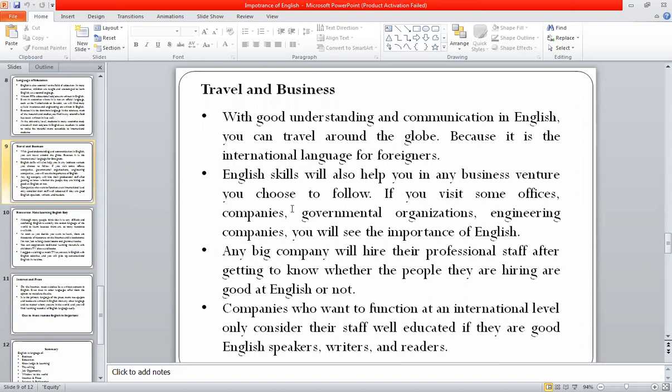Then, yes, companies who want to function at an international level only consider their staff well educated if they are good English speakers, writers, and readers.